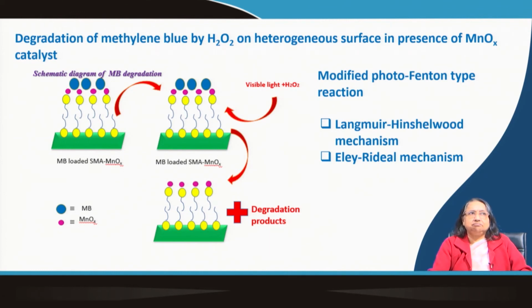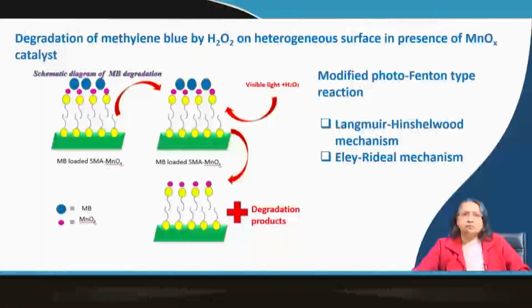That you can speculate, but the products are identified by mass analysis. This is also a very good tool to tell about the mechanism, because you are isolating and detecting the products, or if you can do the intermediates, then it is also good, because then you can speculate the intermediate steps also. So, this is also dealing with the mechanism.